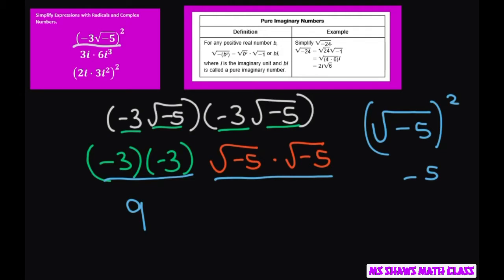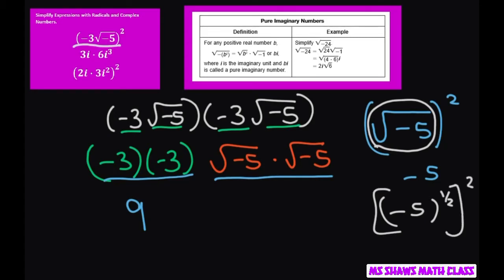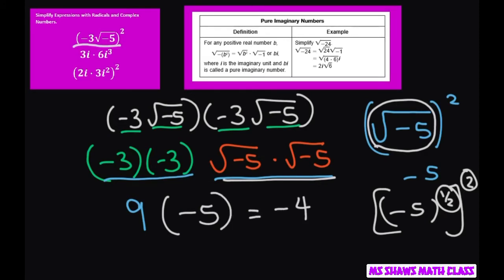And if that bothers you, basically this part here is negative 5 to the 1/2, and then you square it. So you multiply these with your power rule for exponents and you get negative 5. So this part here just equals negative 5, and this is going to equal negative 45.